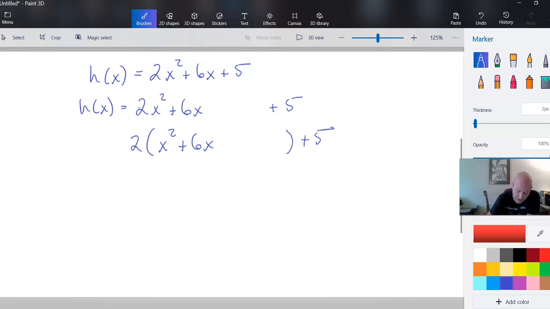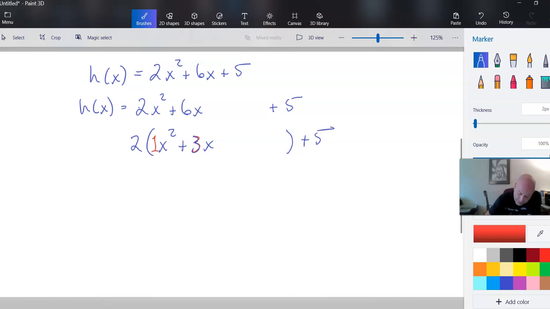Now I have a 1 here, which means I can go through the completing the square process. Oops, I just realized I made a classic boo-boo there. You're supposed to pull the 2 out of the 6 also, so that should be a 3. I actually wanted that to be blue. Let me switch that back to blue.